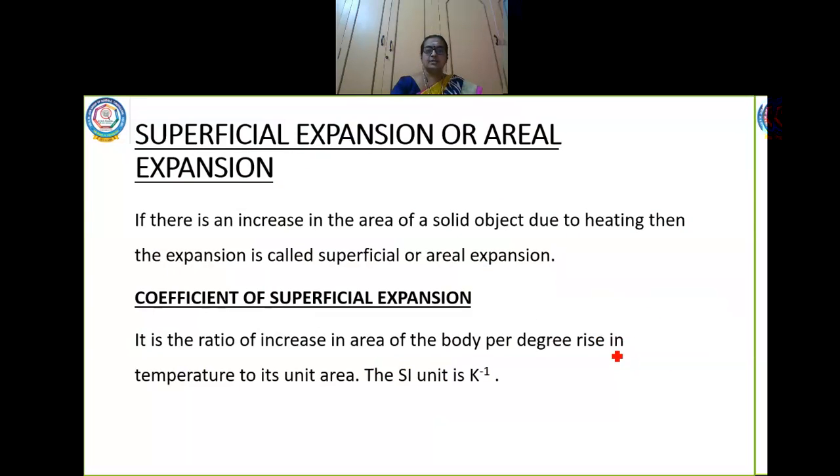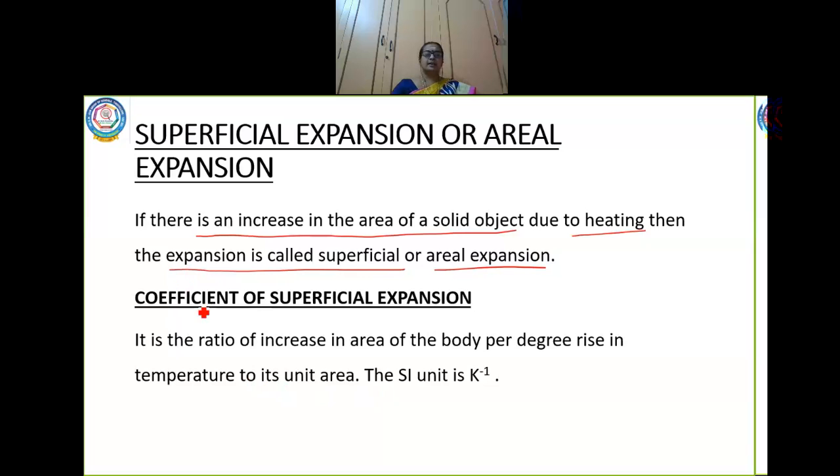Right. Next we are going on to superficial expansion or areal expansion. Now superficial expansion is increase in the area of a solid object. So whenever a body is heated, if there is an increase in the area of the object due to heating, then the expansion is called superficial or areal expansion.